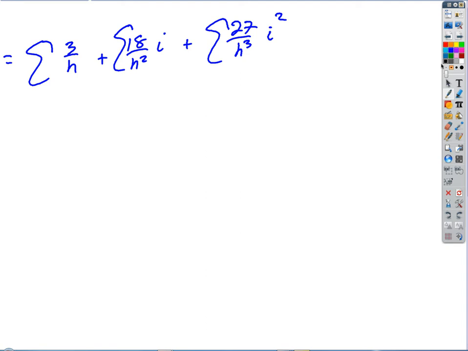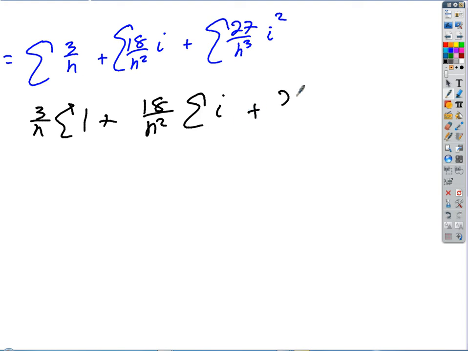So the first one, we just get 3 over n times the sum of 1. Then 18 over n squared times the sum of i, plus 27 over n cubed times the sum of i squared. And we have all those formulas.